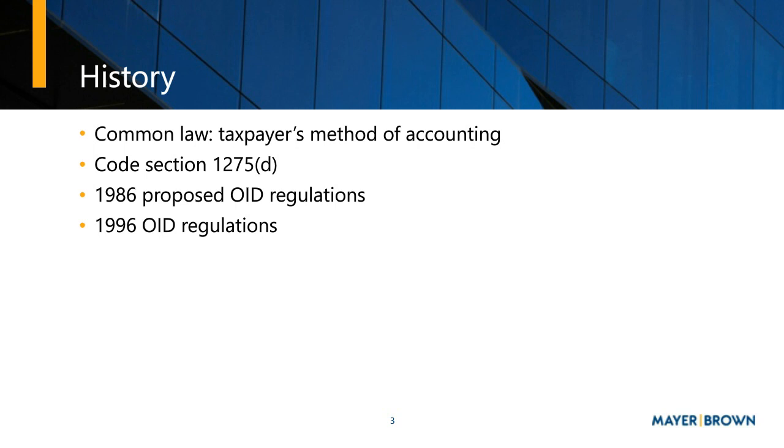The first batch of those came in 1986, and there was another batch which became proposed in the early 90s and then finalized in 1996, along with all the regulations dealing with original issue discount. Those are the regulations that we're going to be talking about when we talk about holders of structured notes. And then for issuers, the issuers are typically the mirror image of that.